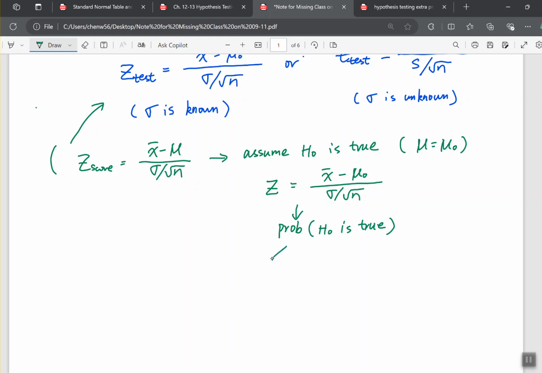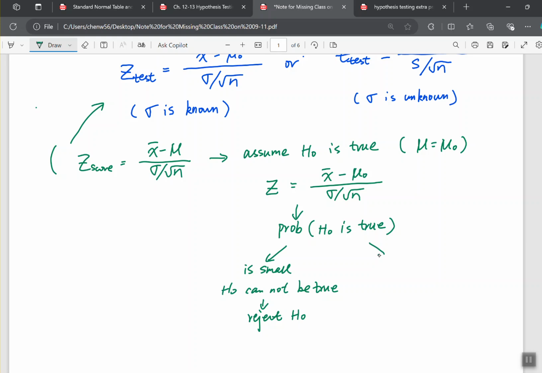So if this probability is small, that means the null hypothesis cannot be true. That is why we want to reject the null hypothesis at the end.